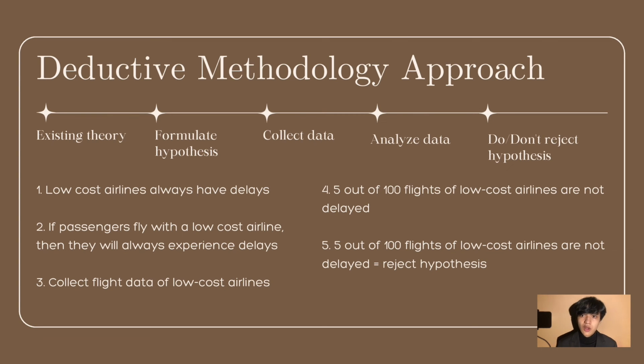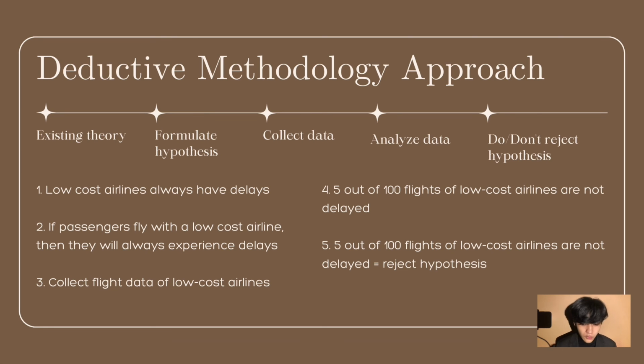In this case, he already has my theory that says low-cost airlines always have delays. Once he has that existing theory, he has to formulate his own hypothesis. His hypothesis says that if passengers fly with a low-cost airline, then they will always experience delays.